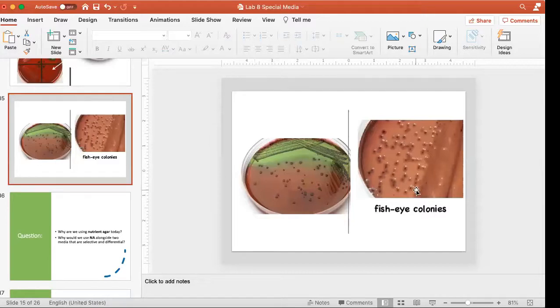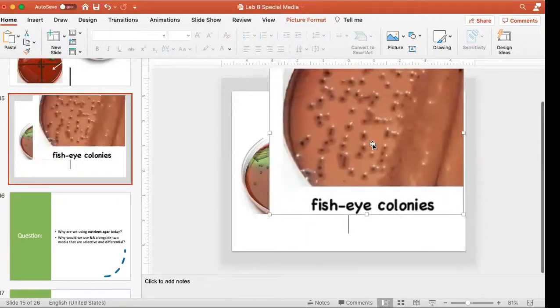I did want to show you this picture. This is an EMB plate. A quadrant streak has been done on it. You can see some individual colonies growing here. And again, there's that green color. This is E. coli. These colonies have a purple color to them, but they also have that fisheye, that dot in the center.